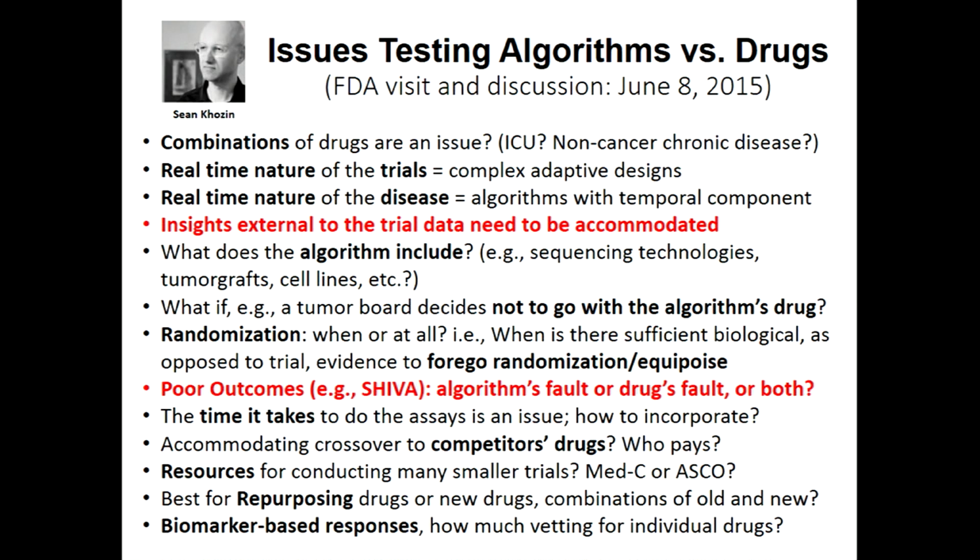Another interesting problem had to do with insights that arose external to the trial. There are many trials, like adaptive trials, where you rotate which interventions are given to individuals on the basis of the data that you accrue within the trial. But what happens if there's data outside the trial that might sway you?